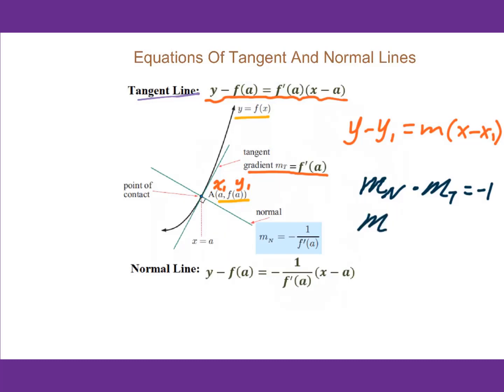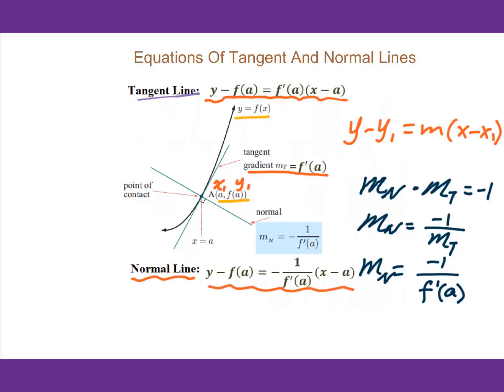So we get the slope of the normal line equals -1 over the slope of the tangent line. So we get -1 over f prime of a for the slope of a normal line. Therefore, the equation of a normal line will be this.